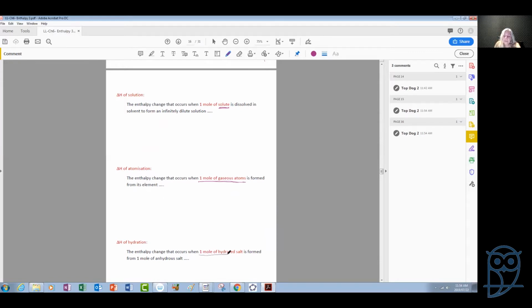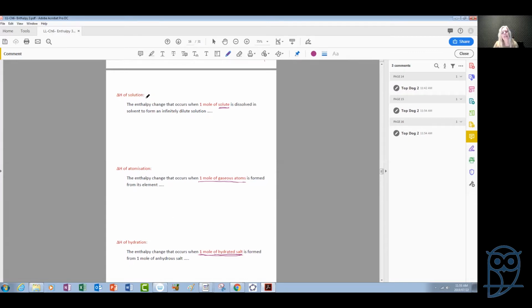So always we need to be aware of what mole this enthalpy change corresponds to, 1 mole of what, because sometimes this mole concerns something from the reactants, sometimes something from the products, and that's the only difficulty, in other words: to be very careful of what mole of whatever compound they're talking about.